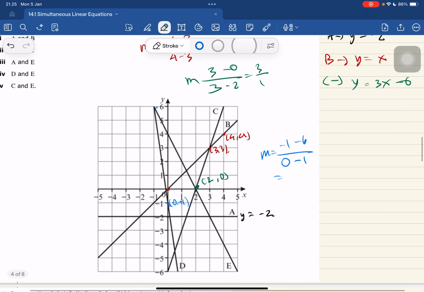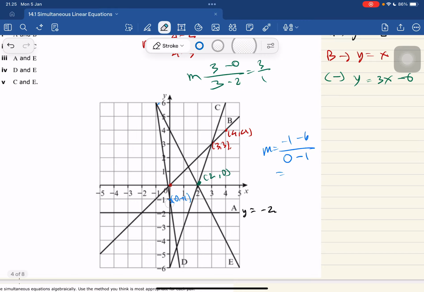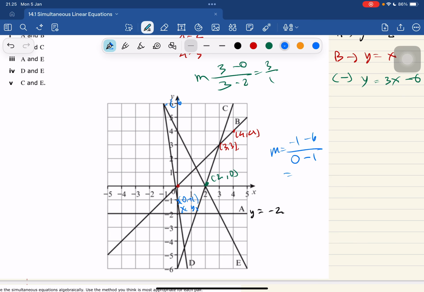So this is x1, y1. Okay, and here, first is minus 1 and 6, so x2, y2.